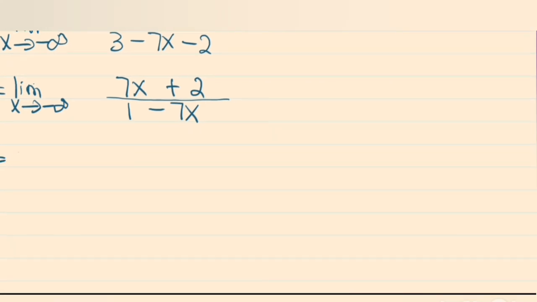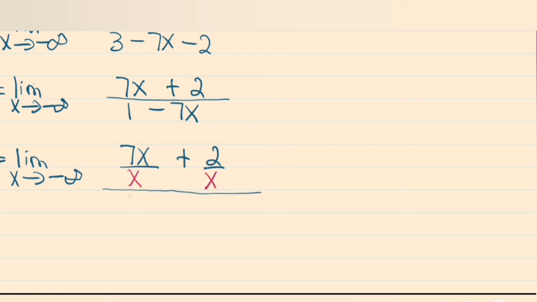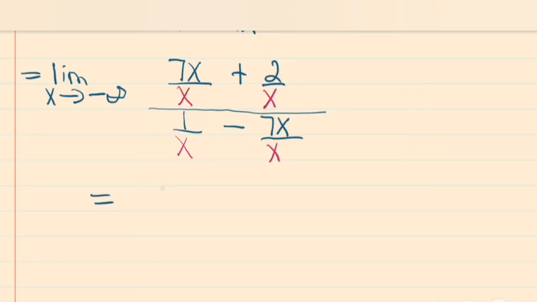We have the limit as x approaches negative infinity of 7x over x plus 2 over x, all over 1 over x minus 7x over x. 7x divided by x gives us 7, plus 2 over negative infinity.